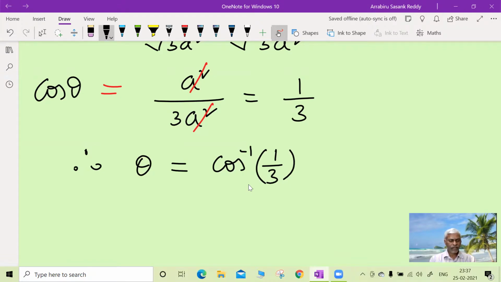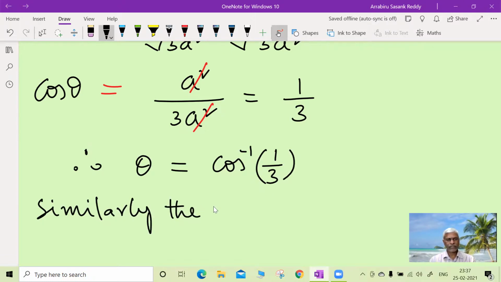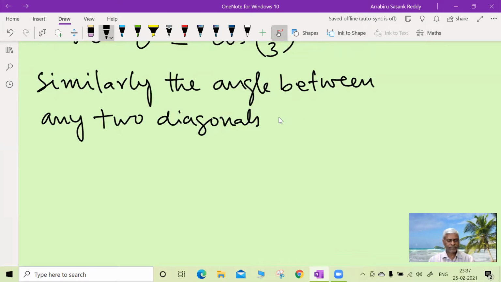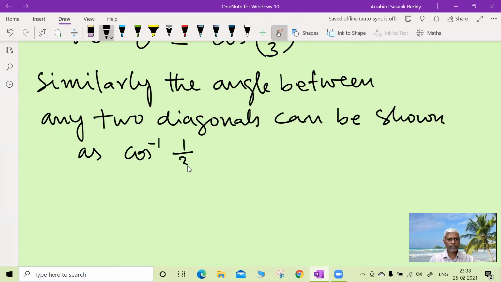Similarly, we can show the angle between any two diagonals can be shown as cos inverse 1 by 3.